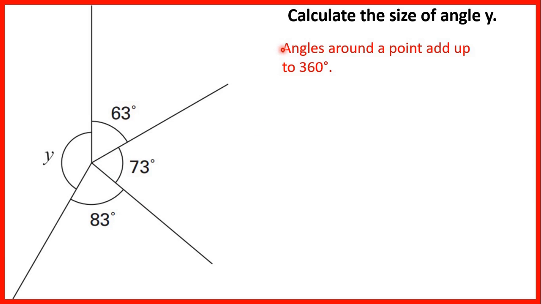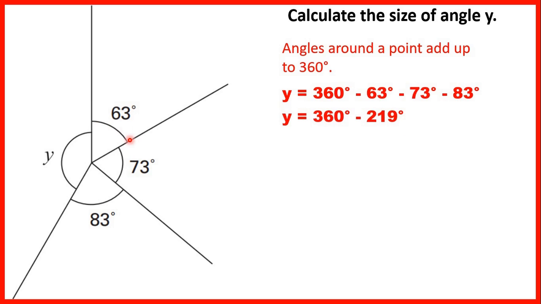So if we know that the total of angles around a point is 360, we can find our missing angle by working out 360 minus 63 minus 73 minus 83. So remember, when we're subtracting lots of things, what we can do is add up the numbers that we're subtracting.